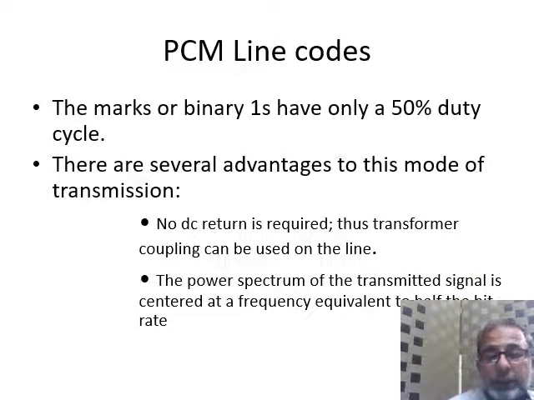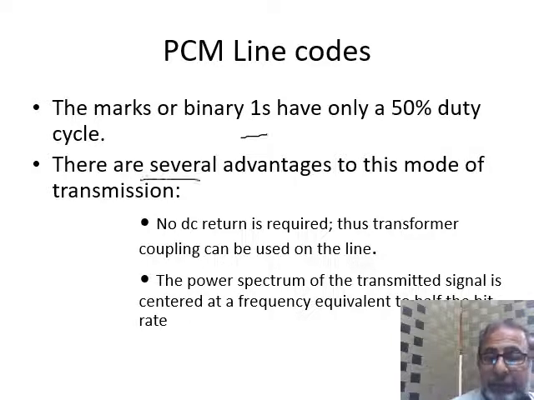The marks or the binary ones have only a 50% duty cycle. You can observe this in the previous slide also, that the duty cycle of the ones is half as compared to the zeros.